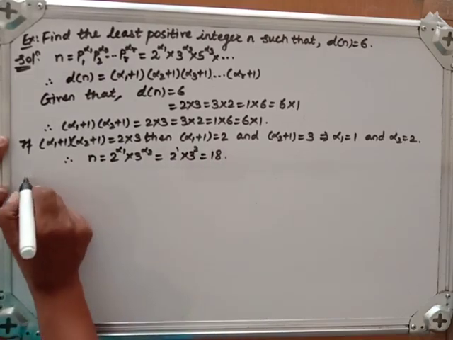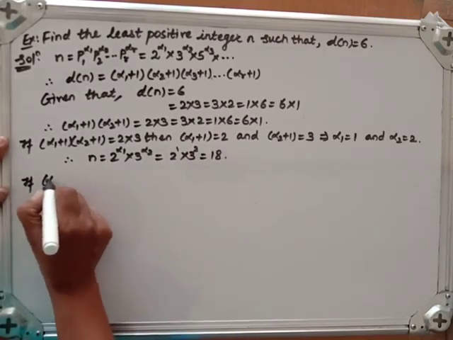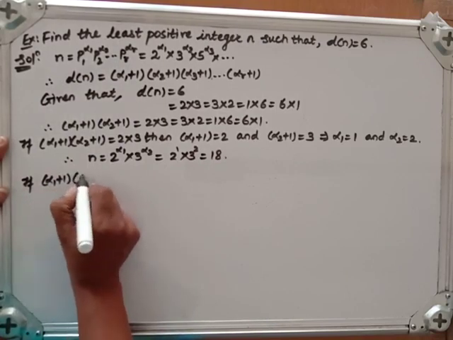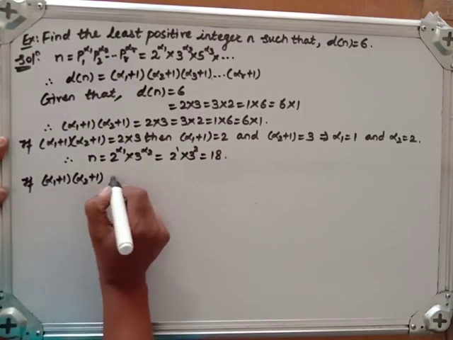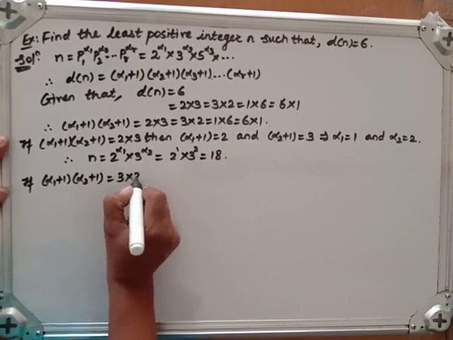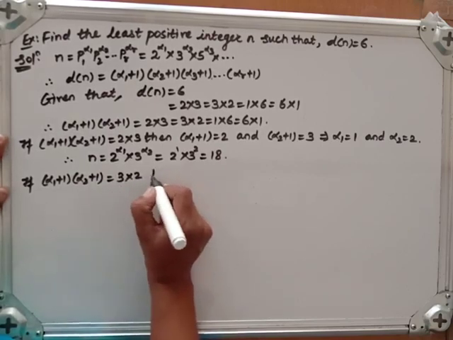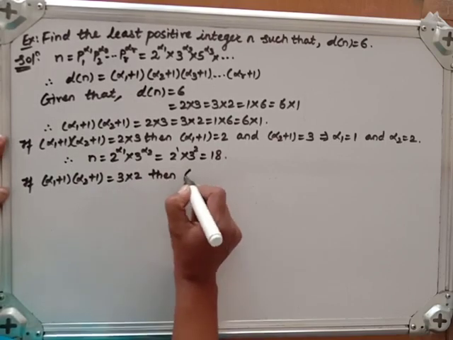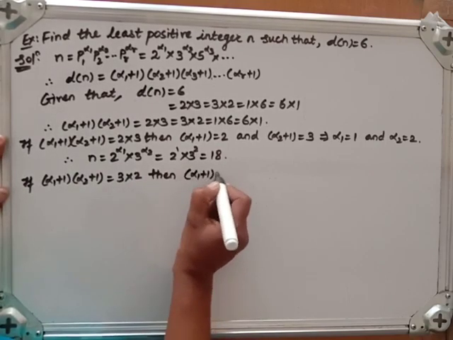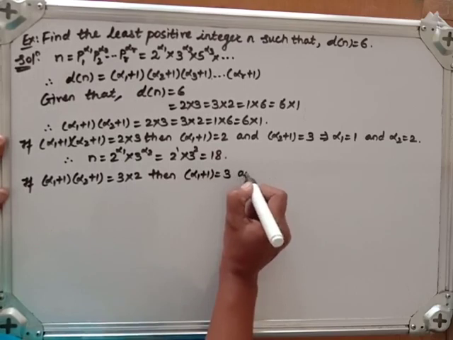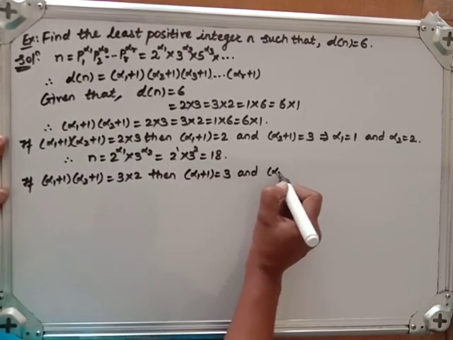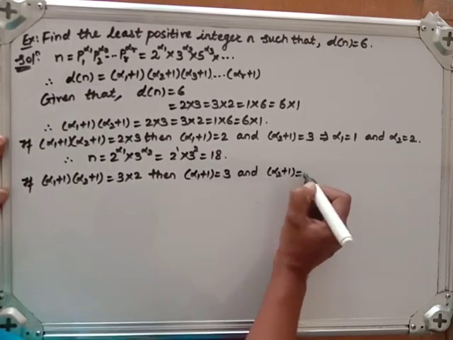18. Now again, if alpha 1 plus 1 into alpha 2 plus 1 is equal to 3 into 2, then alpha 1 plus 1 is equal to 3 and alpha 2 plus 1 is equal to 2.